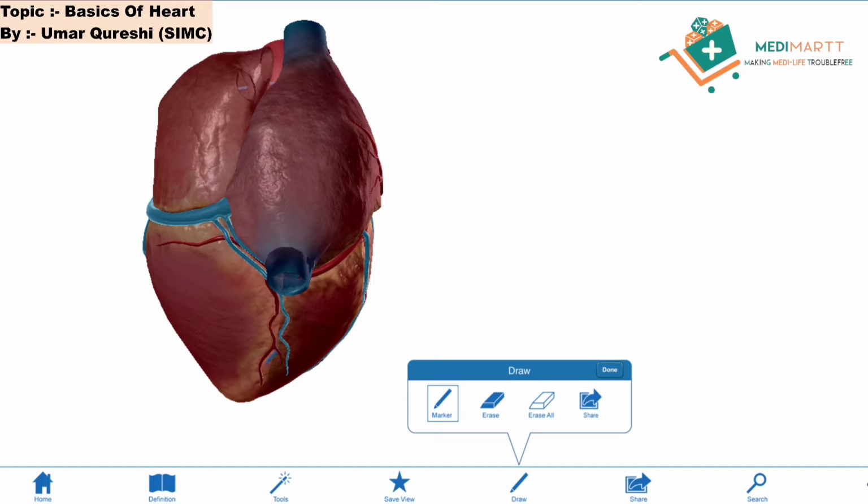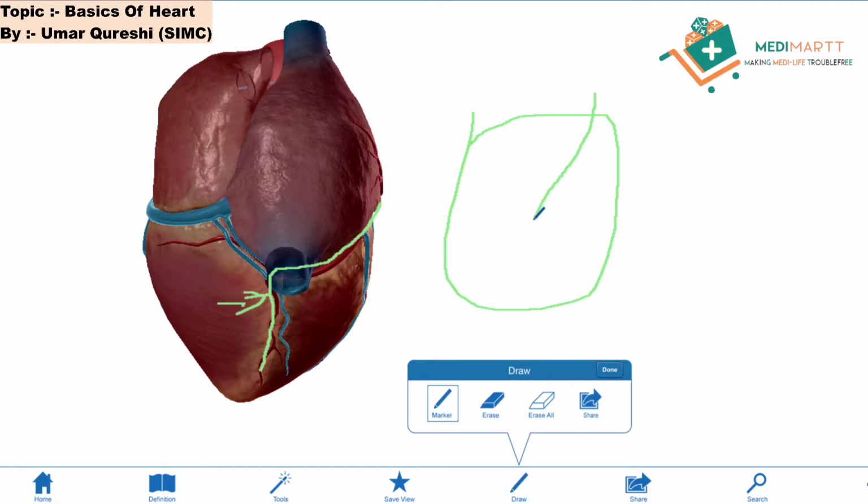Understand this thing: as I already told you, the right coronary artery is coming like that and it is lodging into the posterior interventricular groove, and the name of this artery is the posterior interventricular branch of the right coronary artery. Just like that, we already saw on the anterior surface, the anterior interventricular branch of the left coronary artery was lodged.